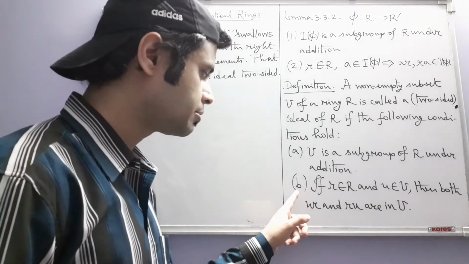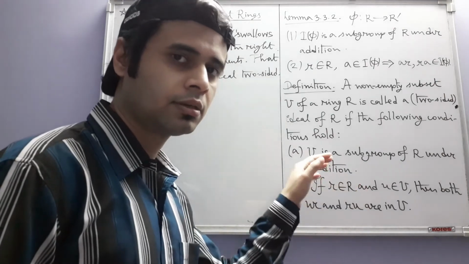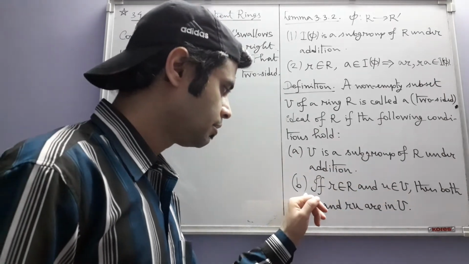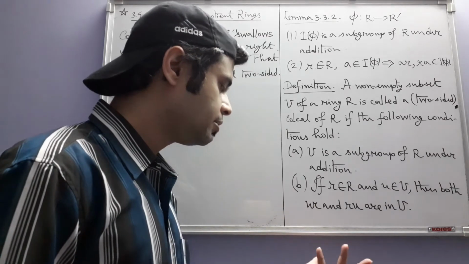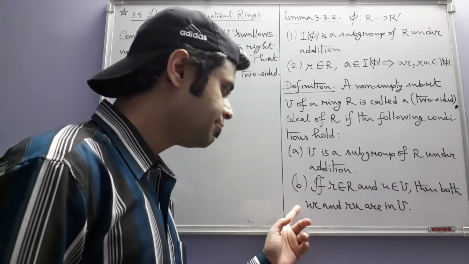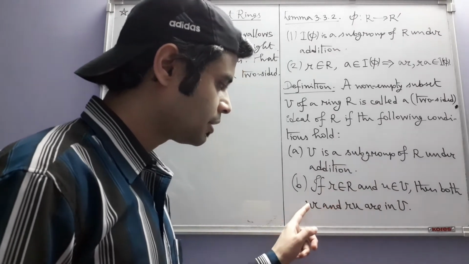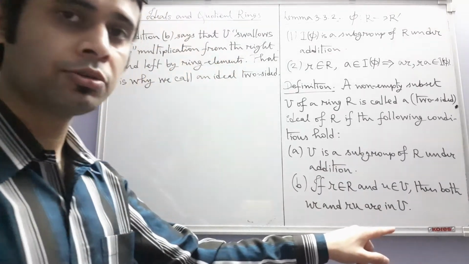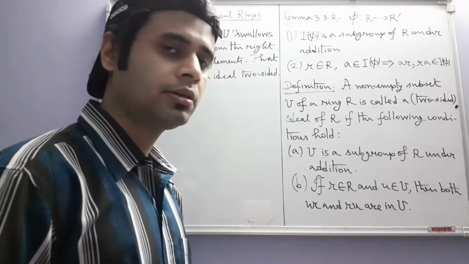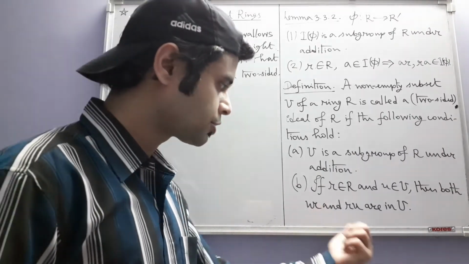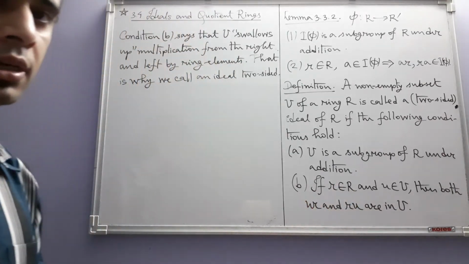All of them are additive subgroups of the ring, but some of them only satisfy the condition that if you multiply their elements by ring elements from the right, then those products belong to the set. They are called right ideals. The corresponding one involving the other one are called left ideals.